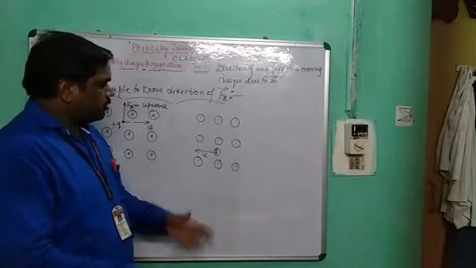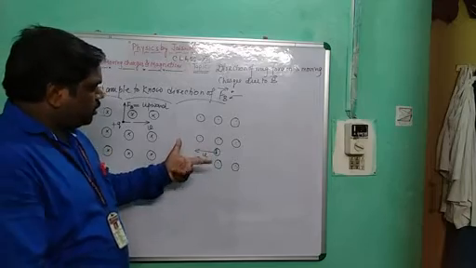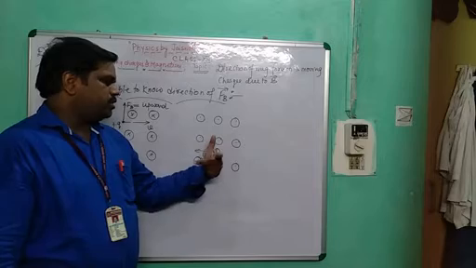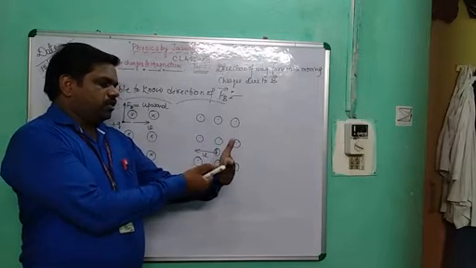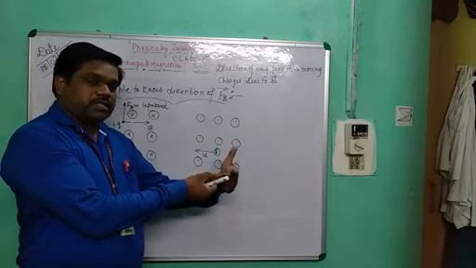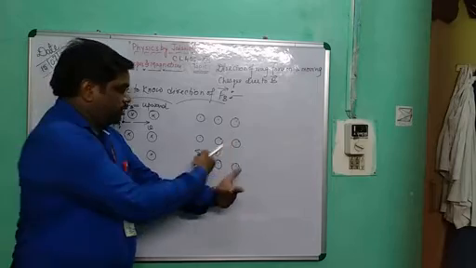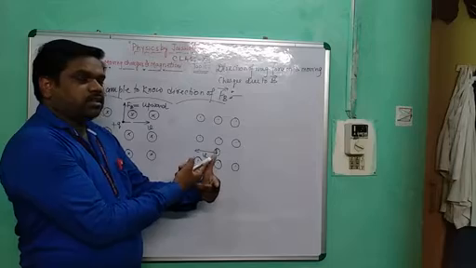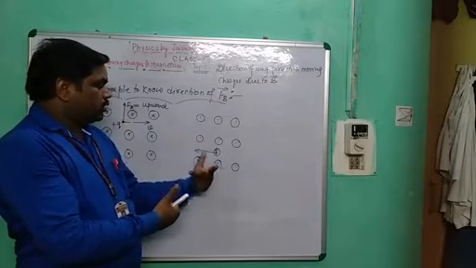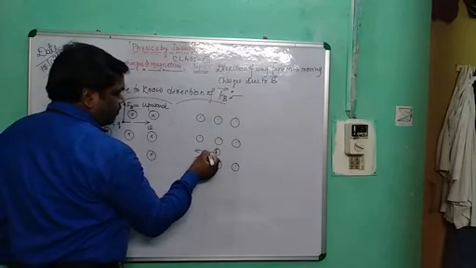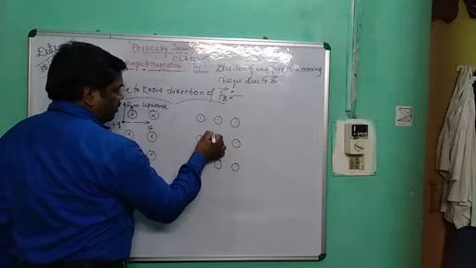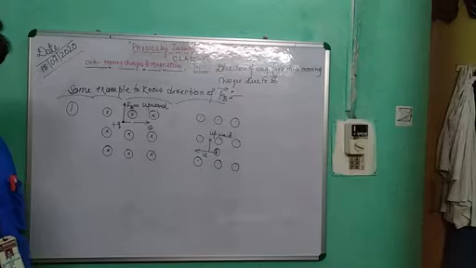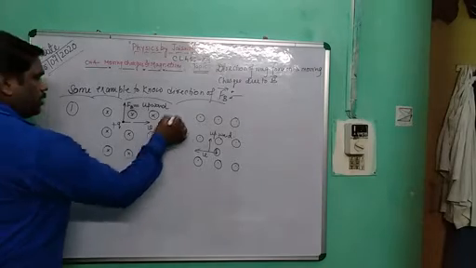In this case, the magnetic field is outside, so this is B pointing outside. The middle finger gives the direction of velocity, and the thumb will give the direction of magnetic force. So here, the magnetic force is again in the upward direction. Clear? Very good.